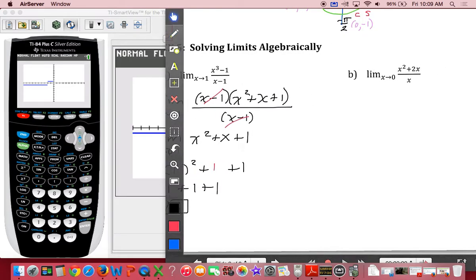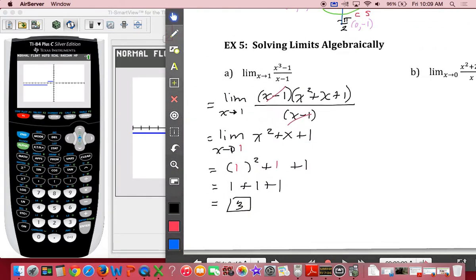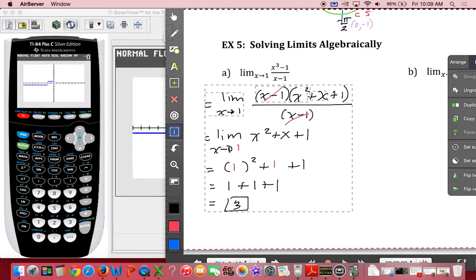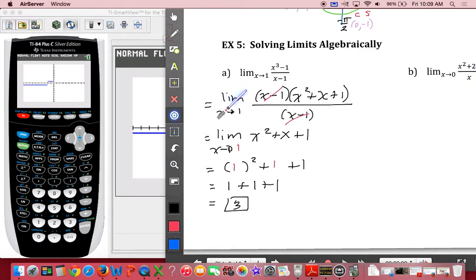So look at the second one. How'd you get x squared plus x plus 1? So I took the cube root of each of those, right? The cube root of this, cube root of that, that's what went here. Same sign, same sign. When this is a minus, these are both going to be positive.